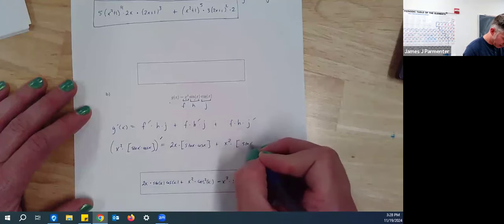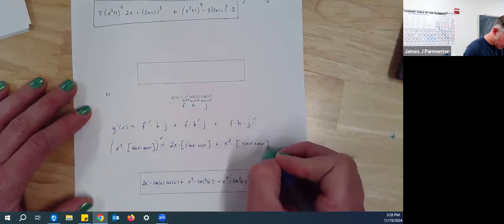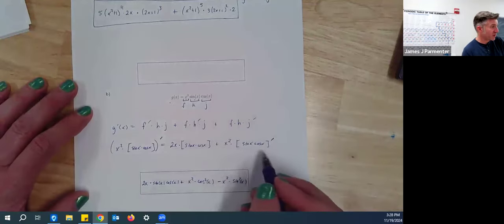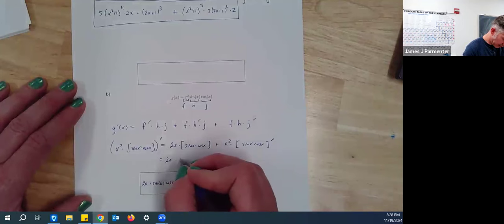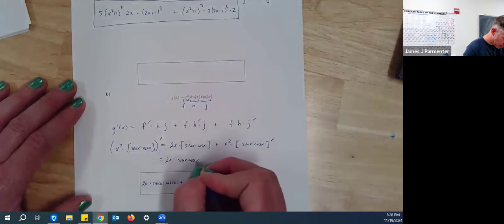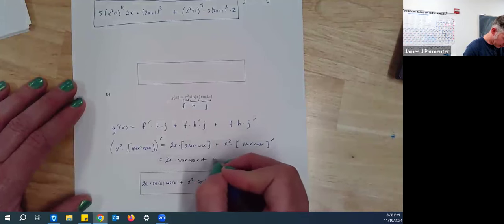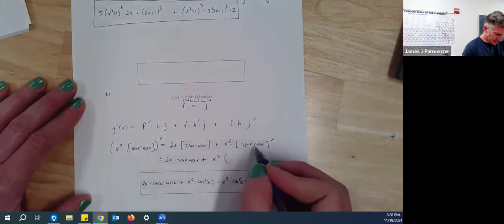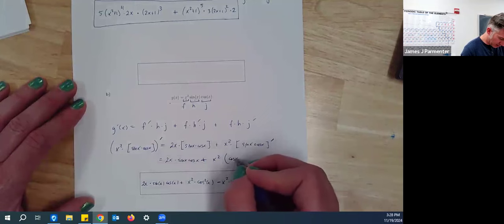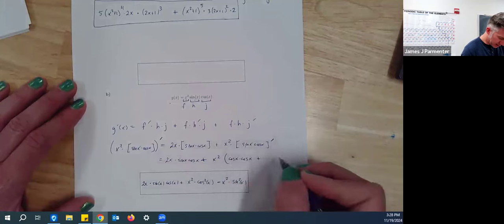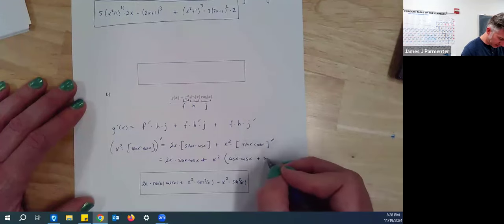Then in the next step, use the product rule for the derivative of that piece. It equals 2x times sine x times cosine x plus x squared times, the derivative of sine x first, so cosine x times cosine x plus sine x times negative sine x.